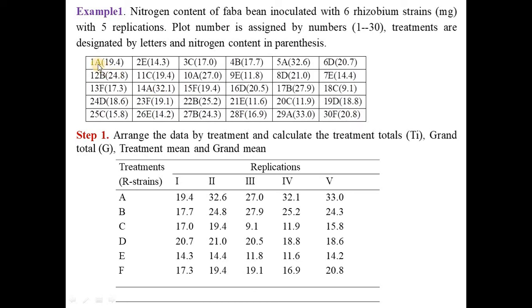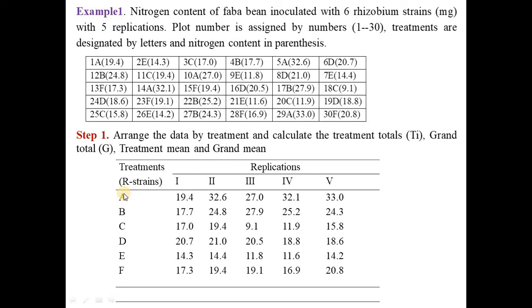The first one is here, treatment A, replication 1, and treatment A, replication 2, treatment A, replication 3, treatment A, replication 4, that's 32.1, and replication 5 of treatment A is found here in the 29th plot, and the nitrogen content for this last one is 33.0.